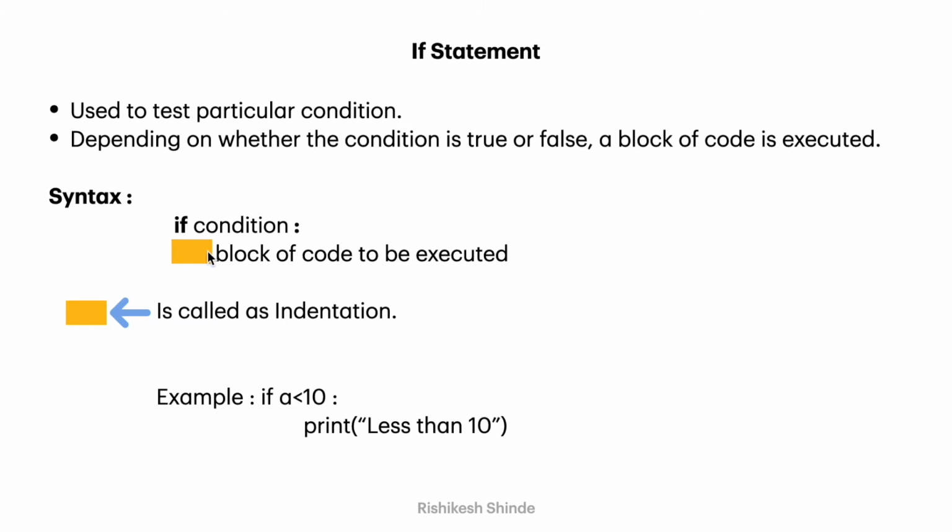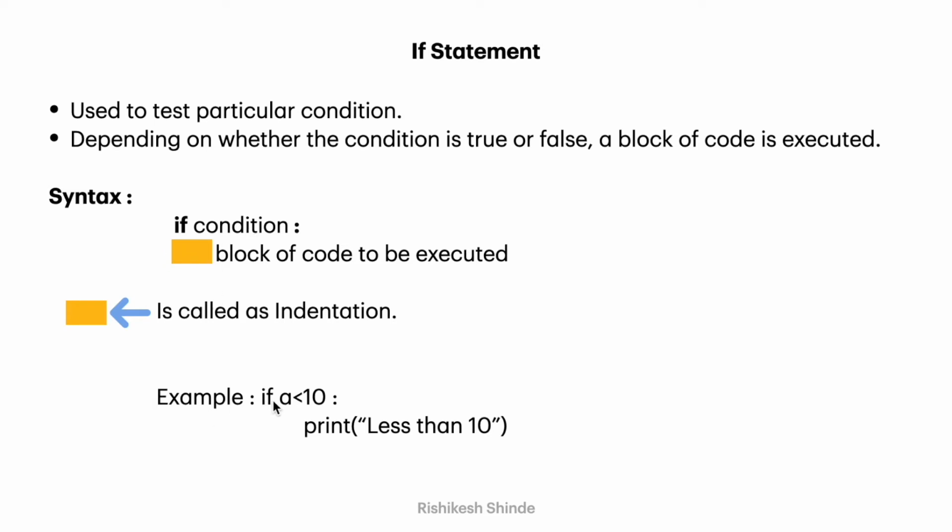This yellow block represents the indentation. What is indentation we will see later in detail. Let us simply understand that a line of code that should be executed under this if statement is separated, or structured, using indentation.